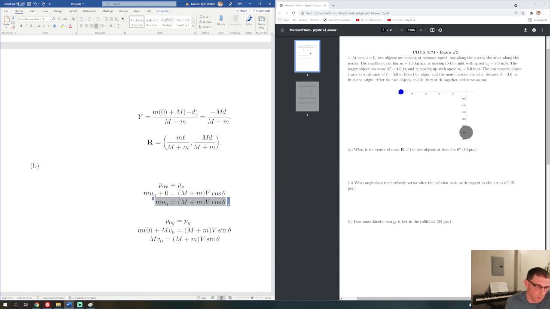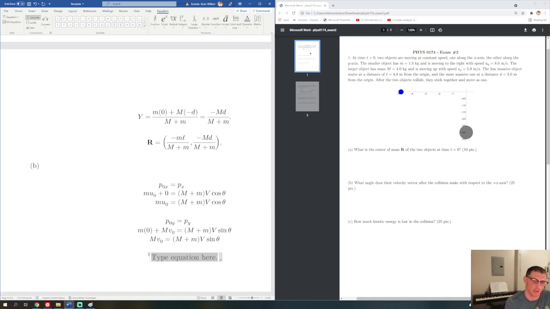Yep, exactly, right? We want to just divide one equation by the other. And so if we do that, we should divide the y equation by the x equation, because we want to get a tangent out of this.